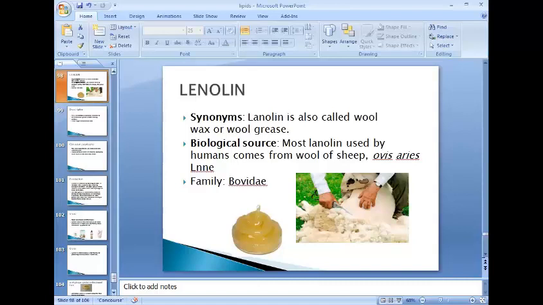Lanolin, also called wool wax or wool grease, hydrous lanolin. It is obtained normally from the wool of sheep, Ovis aries, that belong to the family Bovidae.